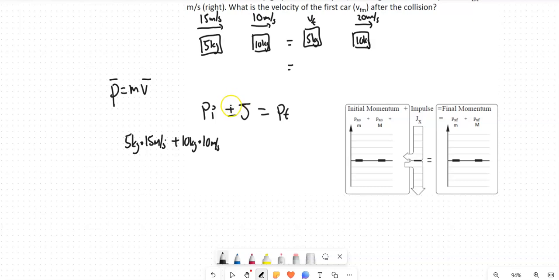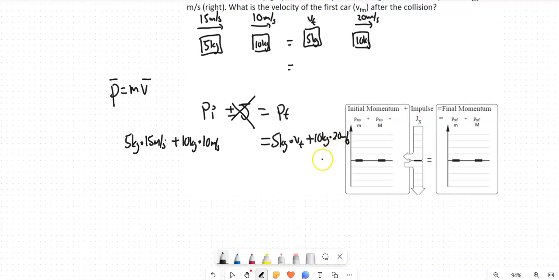Now, there is no impulse in this problem. Well, it's balanced out. And in the end, you have this final cart moving at that final velocity plus the final momentum of this cart, which is 10 kilograms times 20 meters per second.